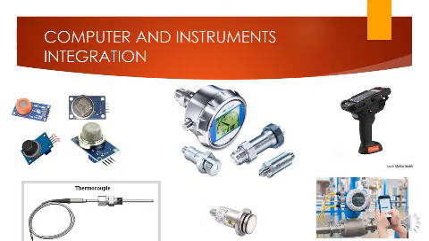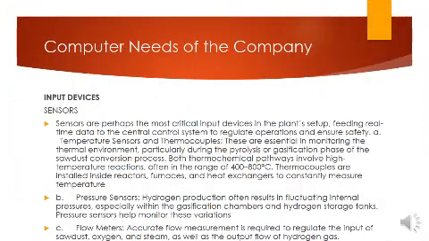And instruments integration. So these are some of the images of the instruments and then the sensors used within the chemical process plant and then around the site itself. The computer needs of the company are such that we have input devices such as sensors.